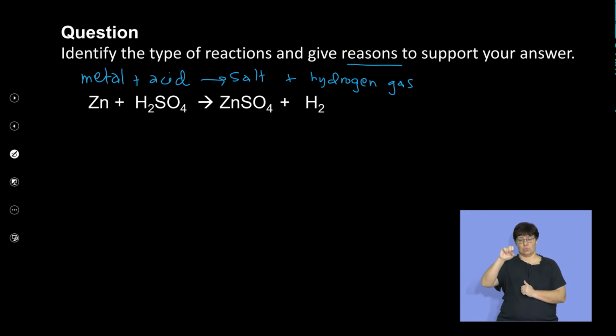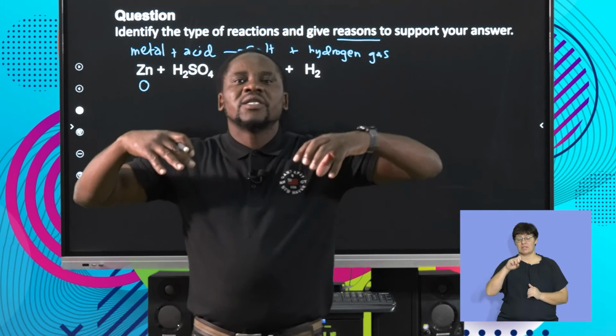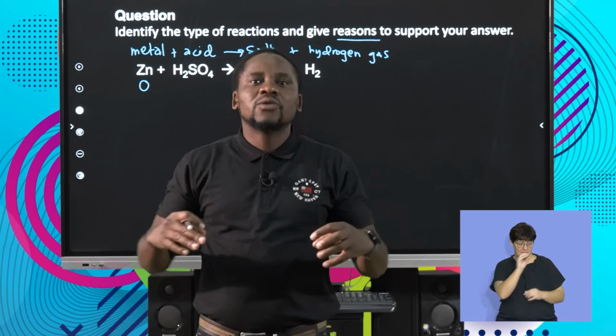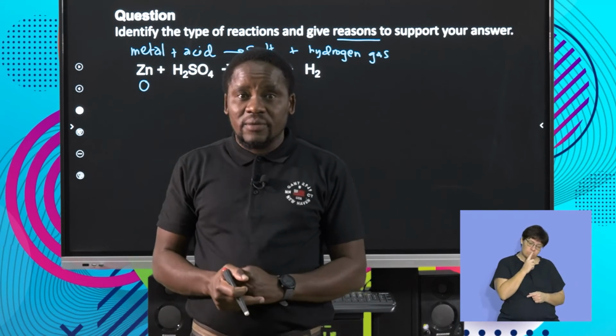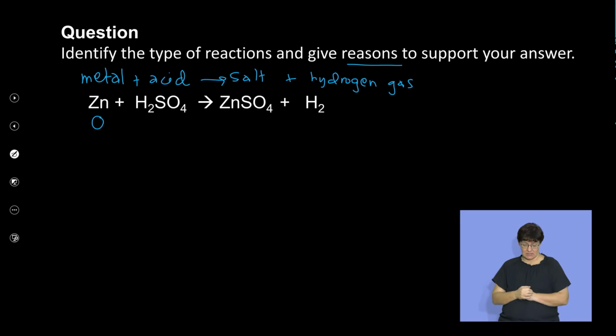We are looking at zinc, its oxidation number is 0. Now we're going to apply the rules of assigning oxidation numbers. There's a whole lot of knowledge that we have gained that we need to bring to the fore and apply so that we make sense of this scenario, right? So if we look at zinc, on this side zinc is +2.